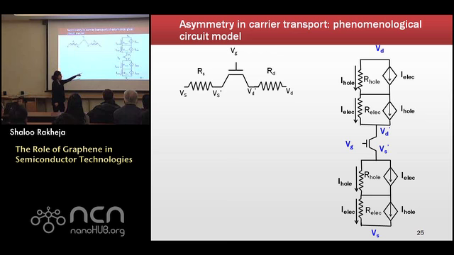RS is implemented by this bottom circuit block, and RD is implemented by the top circuit block, and both of them are exactly symmetric. You can see from this that I-hole, which is the hole branch current, is affected only by R-hole, the hole channel access resistance, and likewise I-elec is affected only by R-elec. Also you should note from this implementation that this now makes RS and RD non-linear voltage dependent resistances.